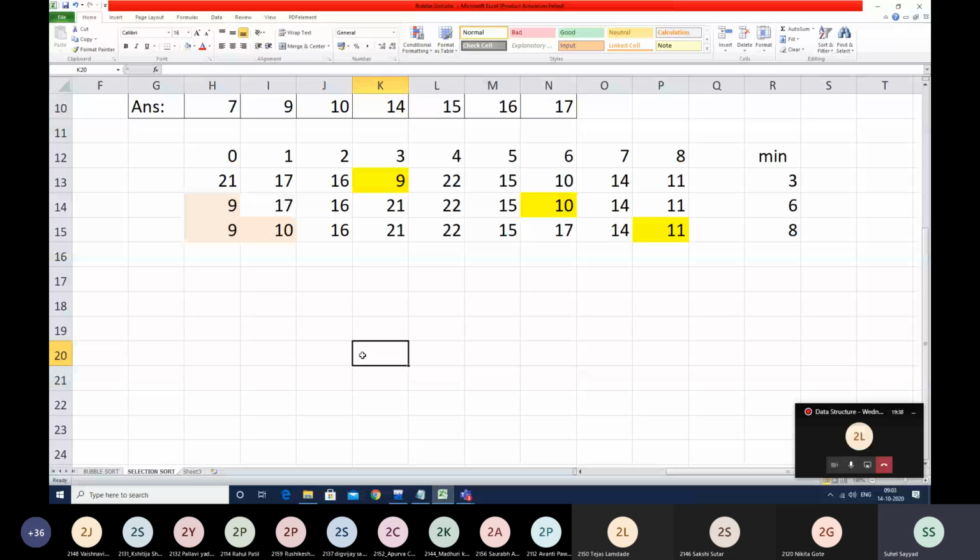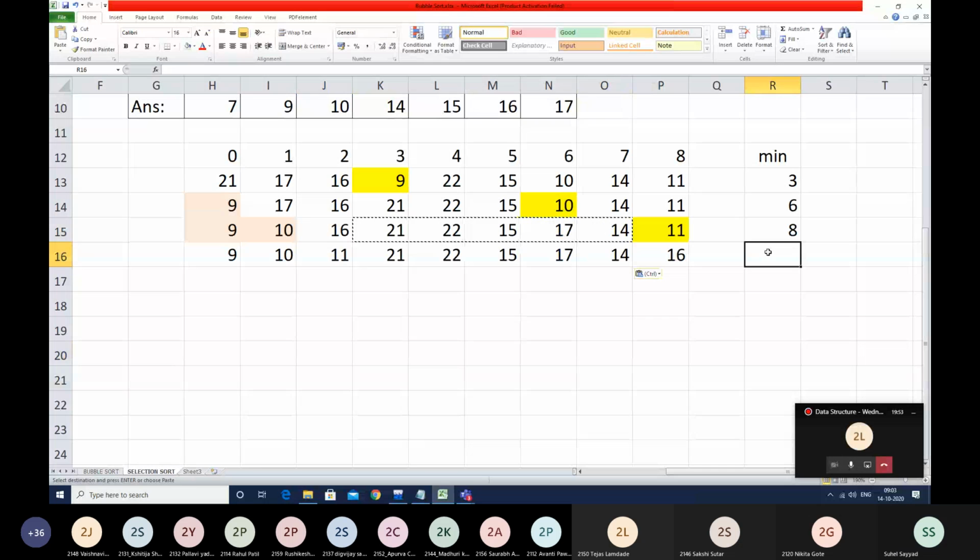So this is 9, 10, 11, 16, and the middle numbers remained as they are. Okay, so this has got sorted now. Now it is 7. So 14 will be swapped with 21. Middle numbers will remain as they are.